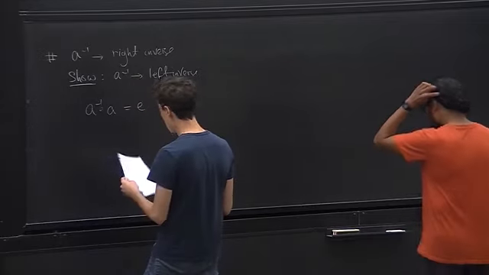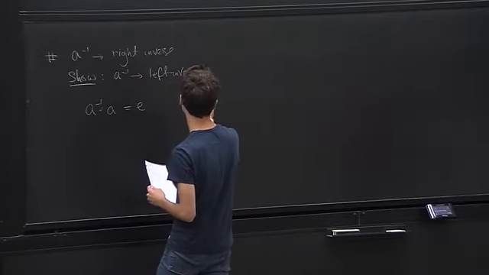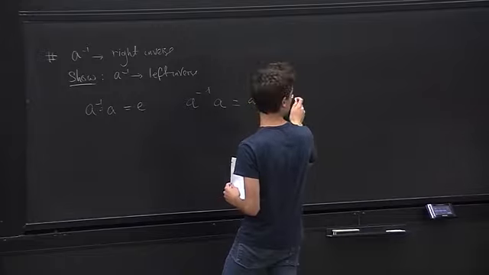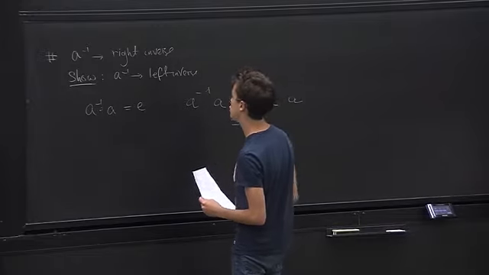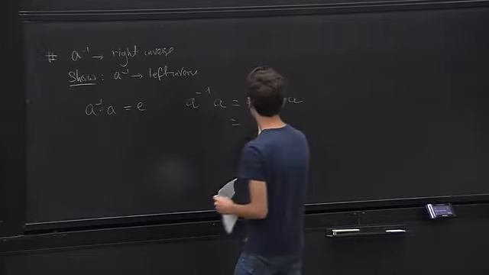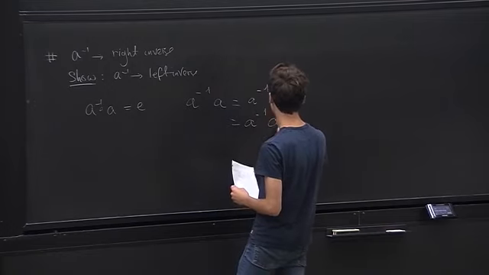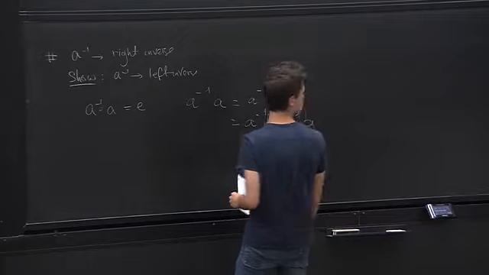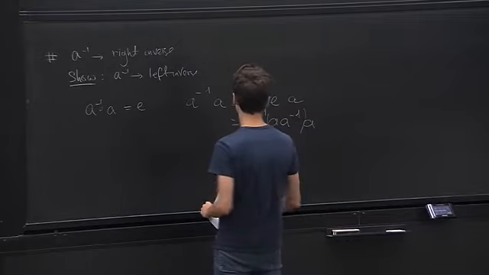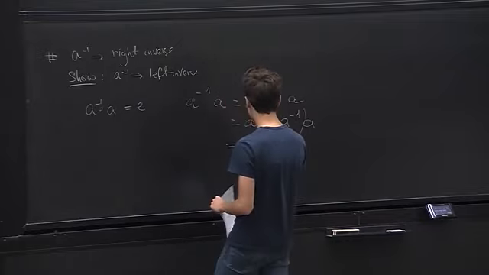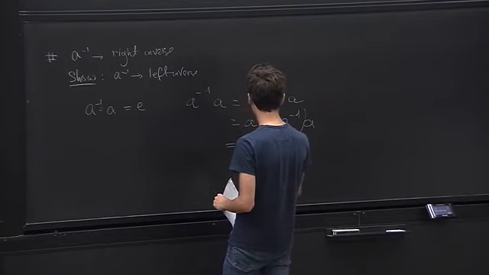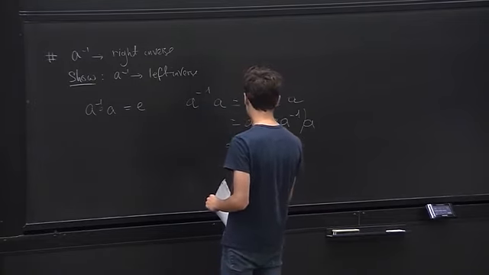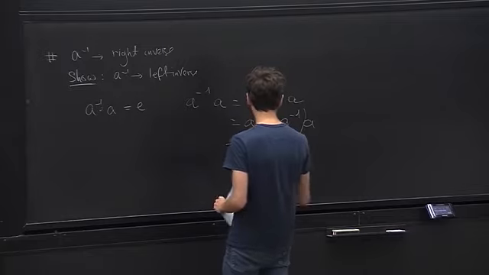Just write that A minus 1 A is A minus 1 E A, which is by this property A minus 1 A minus 1 A. But then you can just switch parentheses. So you get A minus 1 A minus 1 A, which is nothing else than A minus 1 A squared.